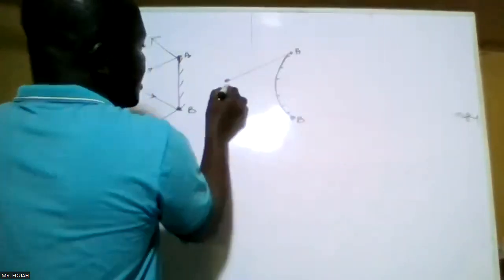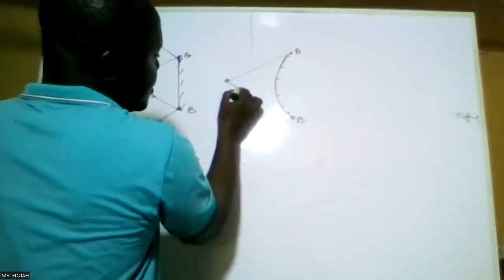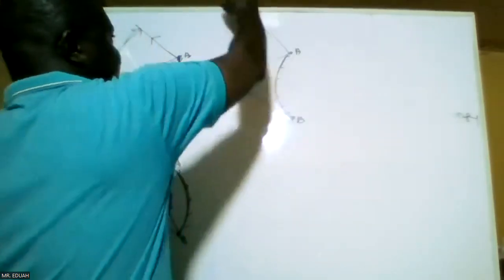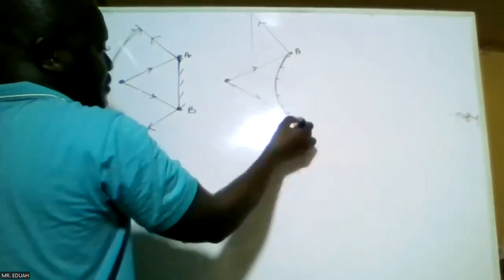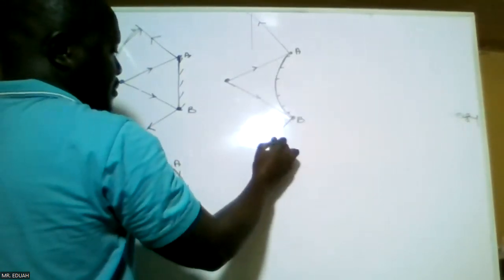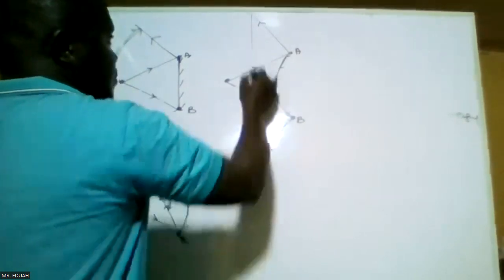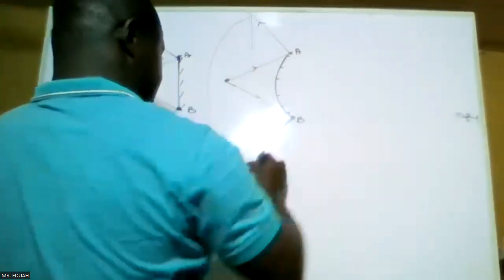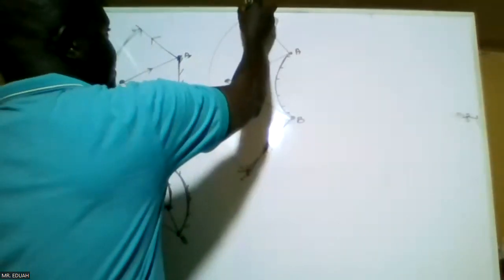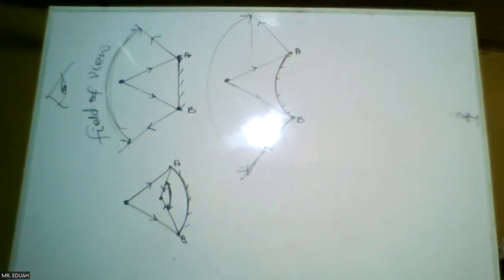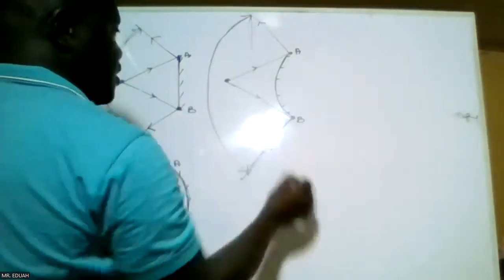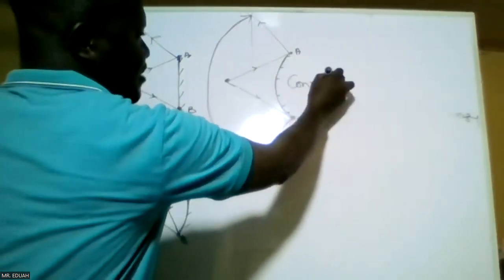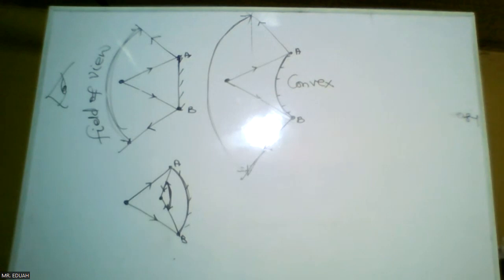Light hitting the extremes, this will diverge rays. So look at the field of view. You realize that among the three mirrors, convex or diverging mirrors would give you a wider field of view.